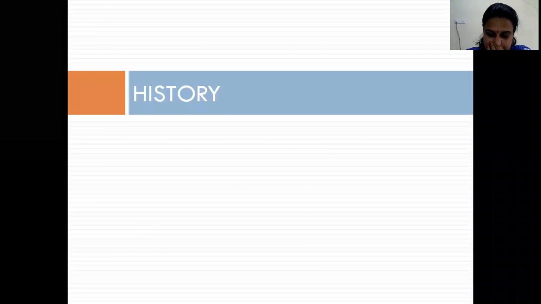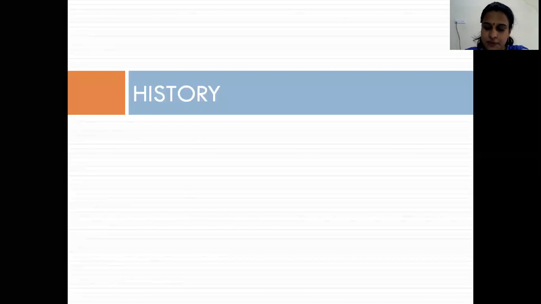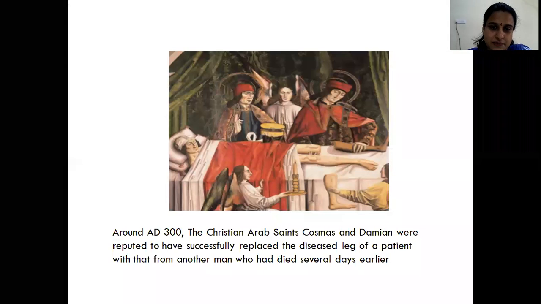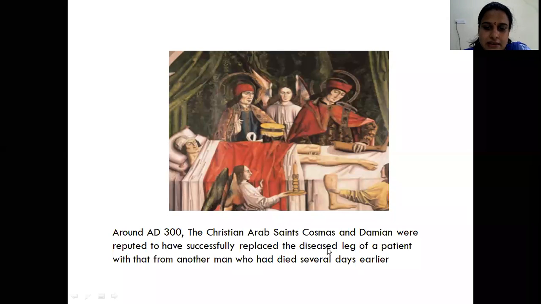First, to start with, to make the topic interesting, we have to go with the history. The very first idea of transplantation was around 300 AD when the Christian Arab saints named Cosmas and Damian were reputed to have successfully transplanted the leg of a patient with that from a deceased one who had died several days earlier.